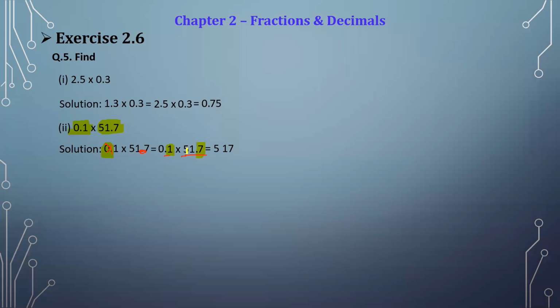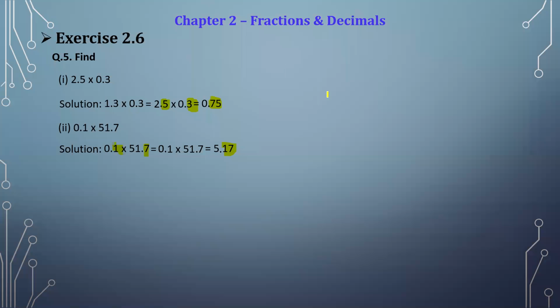Therefore in the final answer also two digits should be present after the decimal point, and therefore the final answer is 5.17, which is the final product of 0.1 into 51.7. So in this way we can perform the multiplication of any two decimal numbers.